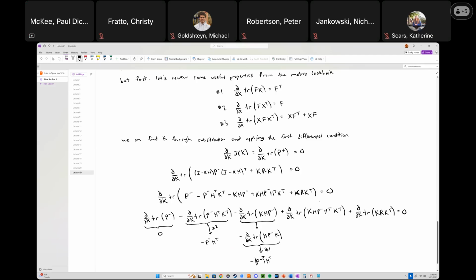Okay, next is, let's see, we've got Kalman gain times some stuff times Kalman gain transpose. But as a matter of fact, here we have Kalman gain times some stuff times Kalman gain transpose. So I'm actually going to combine these terms and say that this is derivative with respect to K of the trace of K, and then in parentheses, H P minus H transpose plus R. And then we've got K transpose equals 0.